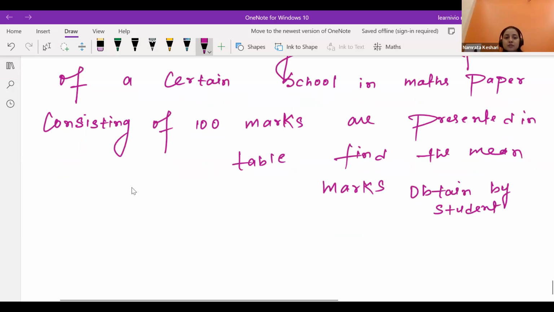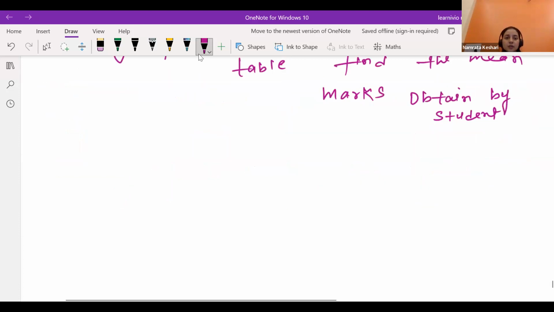Okay, let me draw the table. Let me give you the data first. So this is the data. Marks obtained, and here the number of students.